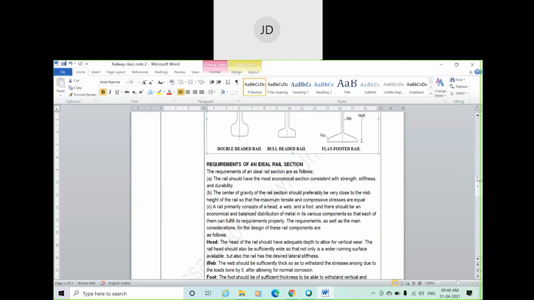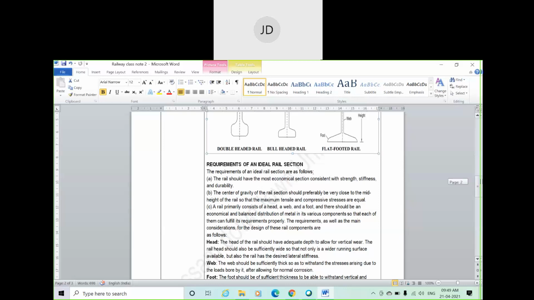The rail should have the most economical section consistent with strength, stiffness, and durability. That means a particular rail section must have strength, stiffness, and durability. Next, the center of gravity of the rail section should preferably be very close to the mid height of the rail so that the maximum tensile and compressive stresses are equal.